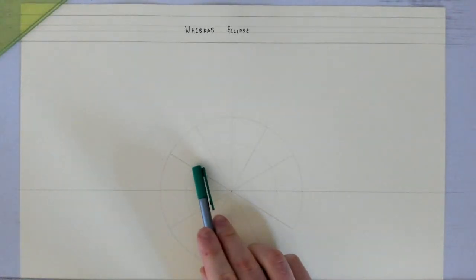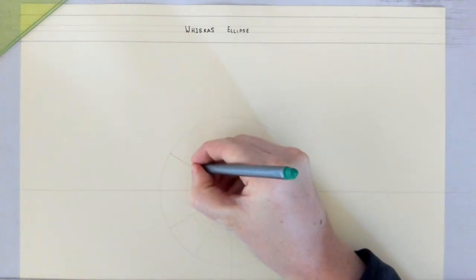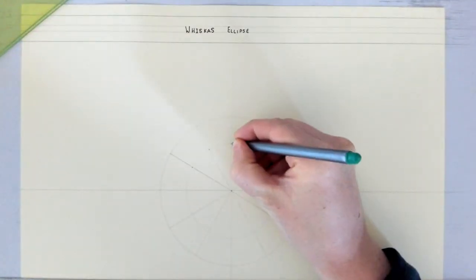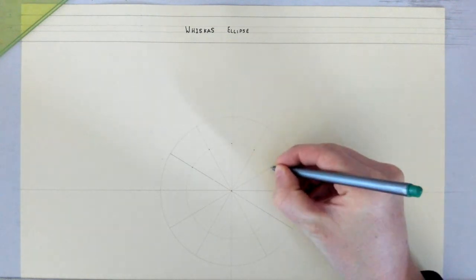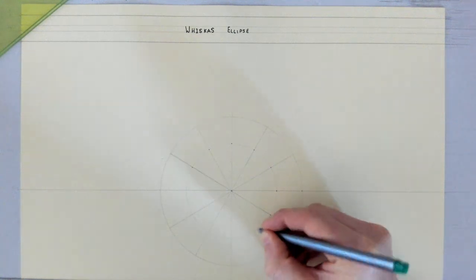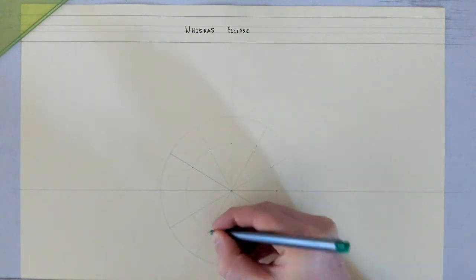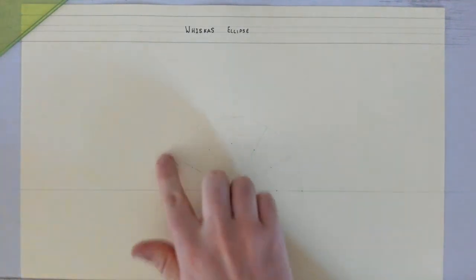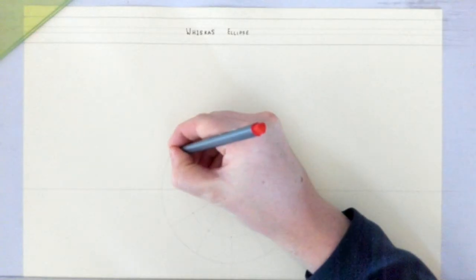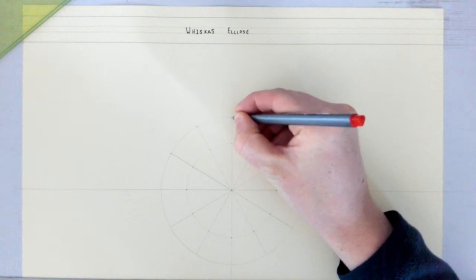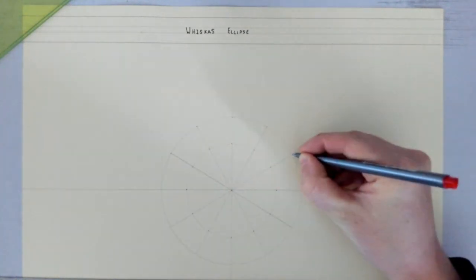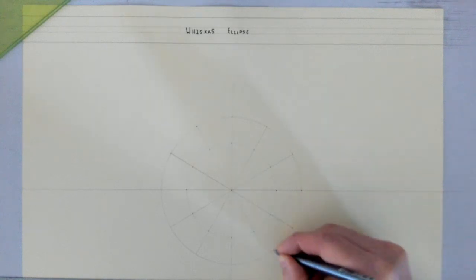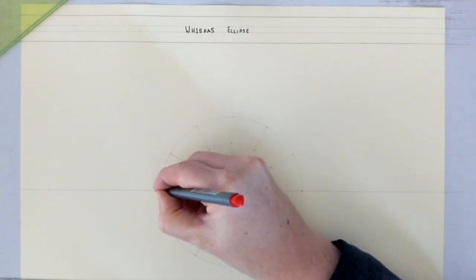So these lines then cut the inner circle at 12 points, and it cuts the outer circle then at 12 points as well.